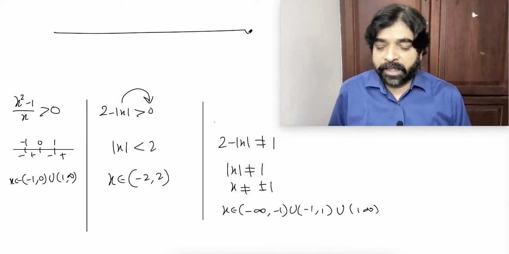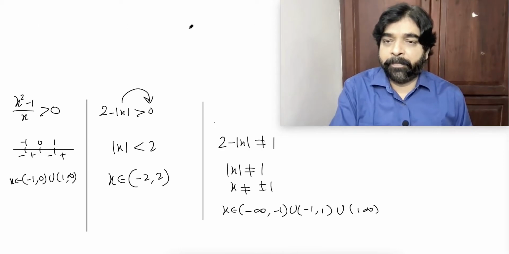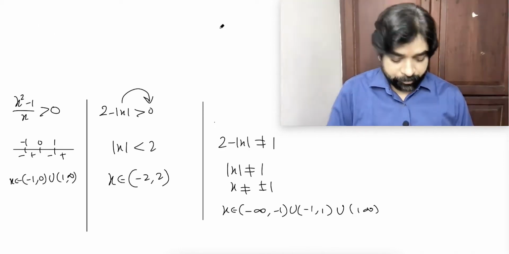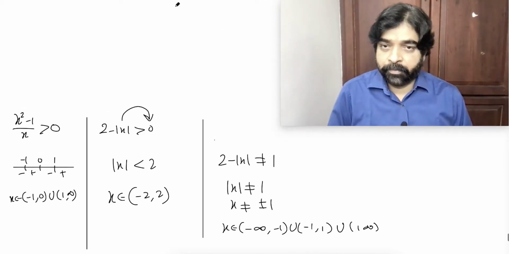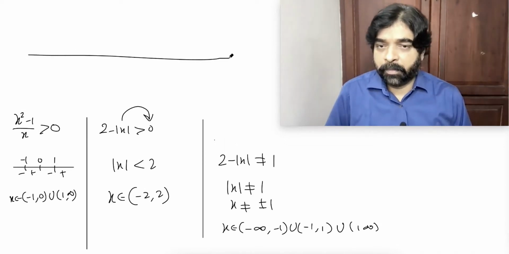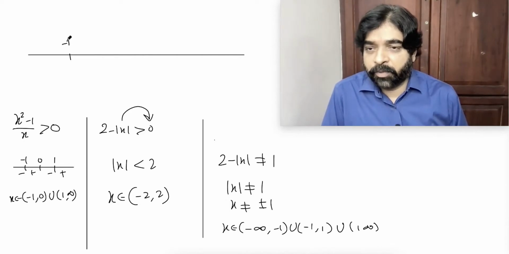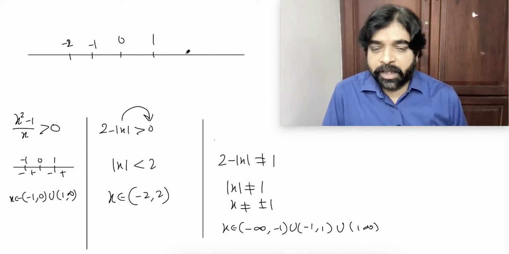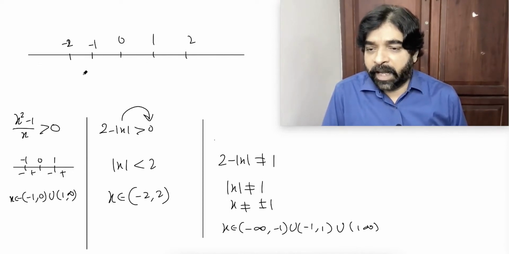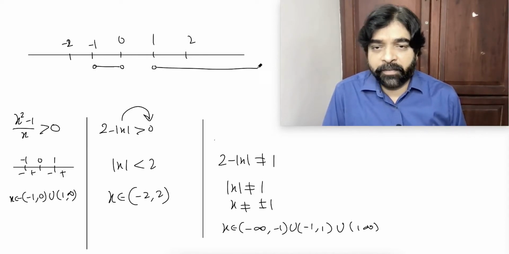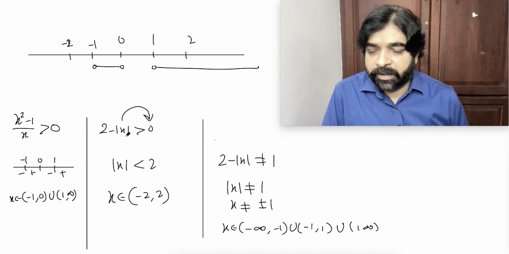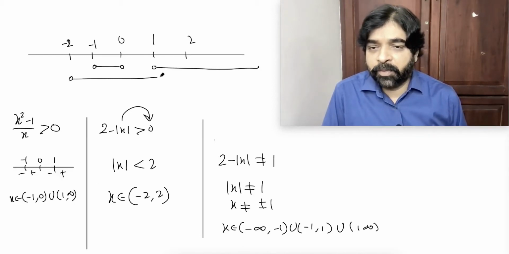Whatever points I can see, I will plot them first. This is the same: minus 2 is a point, minus 1 is there, 0 is there, 1 is there, 2 is there. This one says a line coming from minus 1, terminating at 0, then again restarting from 1, going till infinity. This one says a line from minus 2 up to 2.